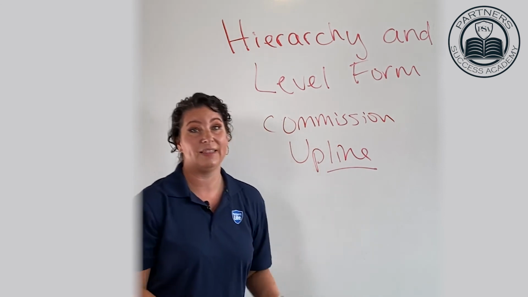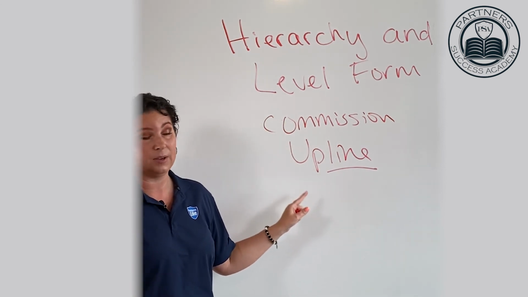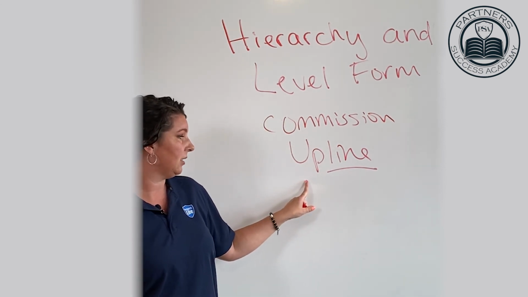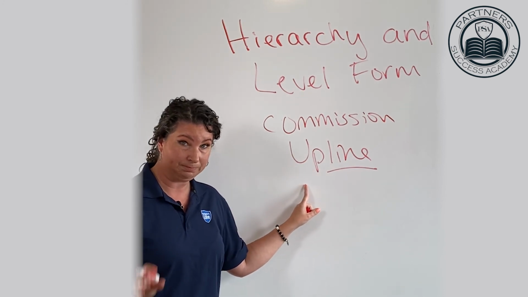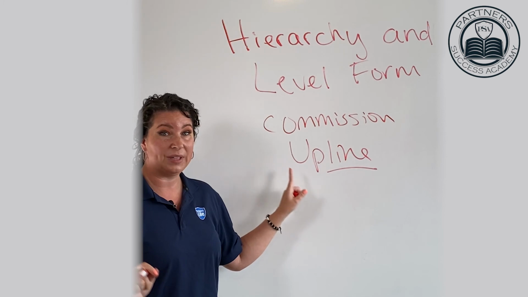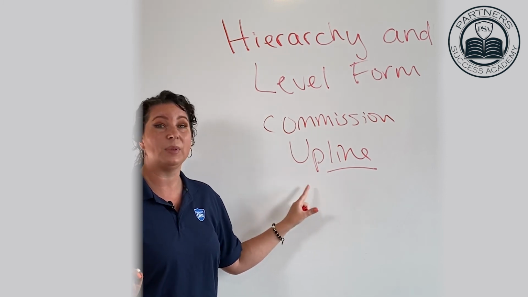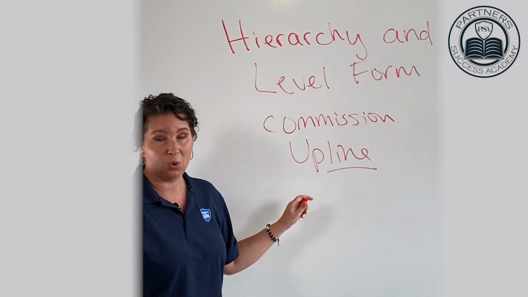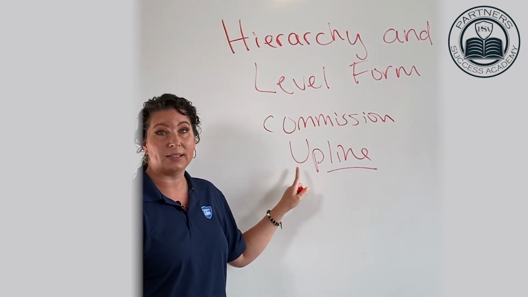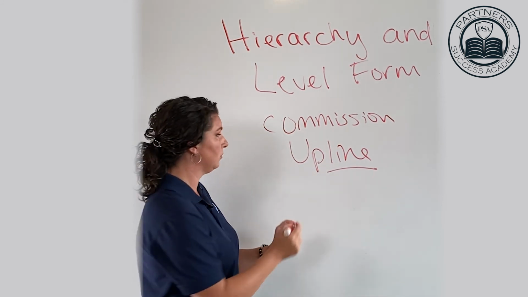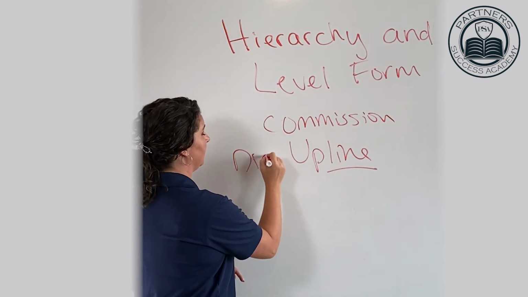Very important. This is if you are hiring an agent where you expect to receive an override on them, this is how the carrier pays that override. You have to be listed, or whoever should be receiving an override should be listed as the direct upline. That's the space on there.